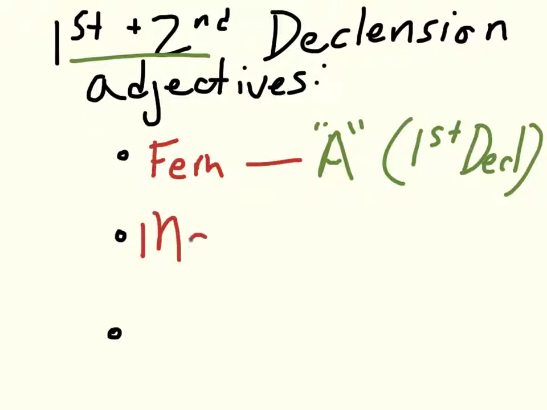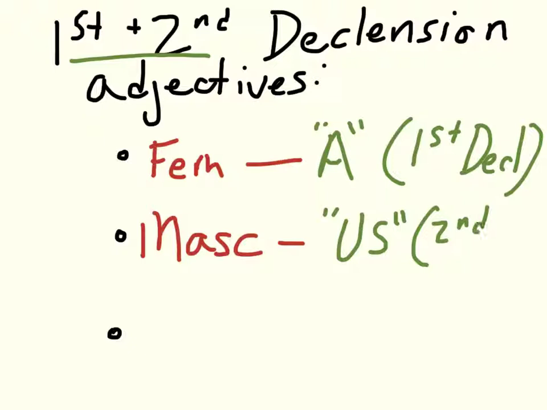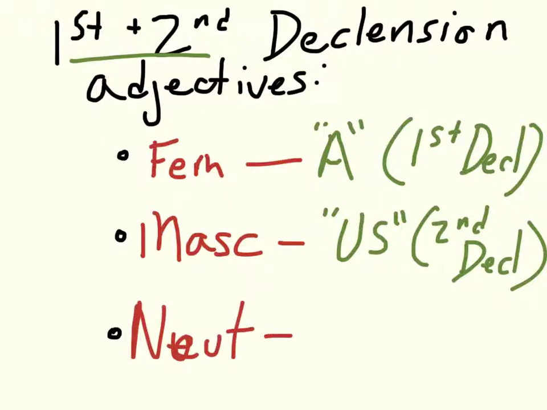When it's masculine, it'll have an ending like something in the second declension masculine. So us, e, and when it is neuter, when our noun is neuter, our adjective is going to look like a second declension neuter.